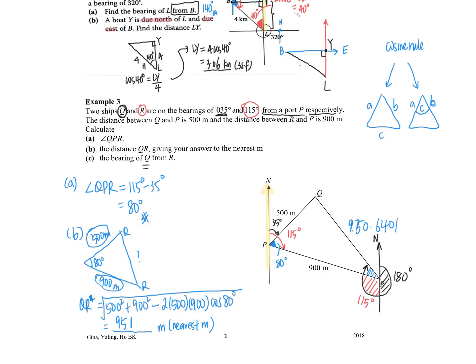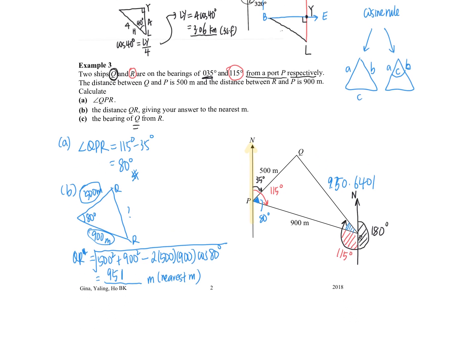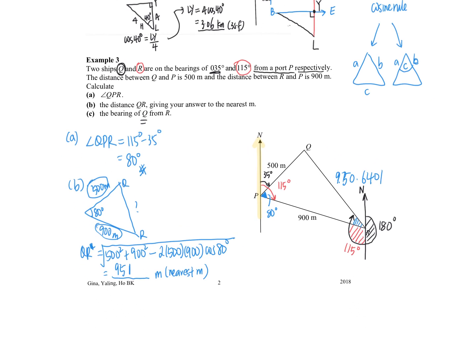So how to find the blue angle over there? Sine rule. So this one matches with the angle opposite. So sine of the angle QRP over 500 is sine of the angle 80 degrees over 950.6401.